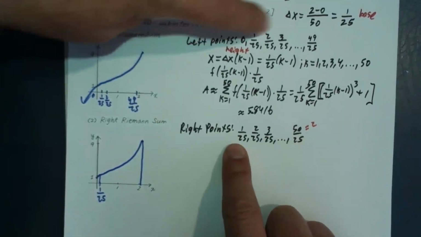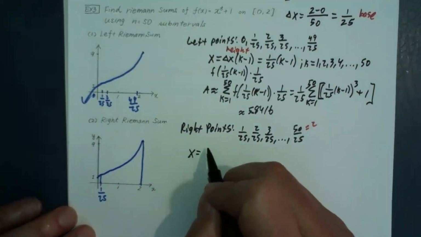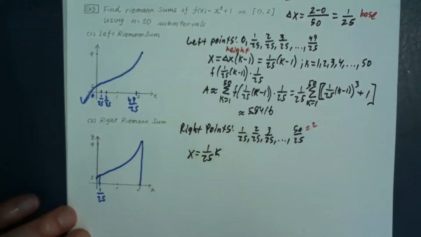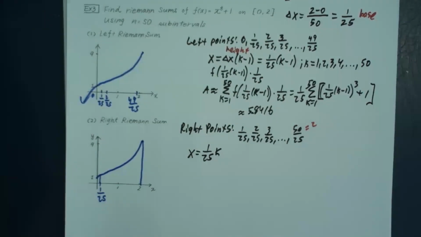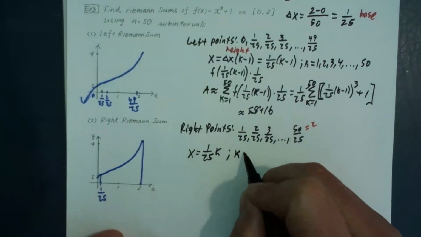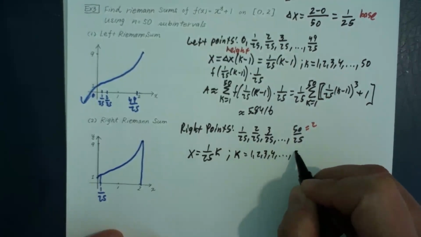Starting just a little bit different, ending just a little bit different. And that is going to give us, our x is going to be 1 over 25 times k. That's our x value, where k, once again, equals 1, 2, 3, 4, up to 50.